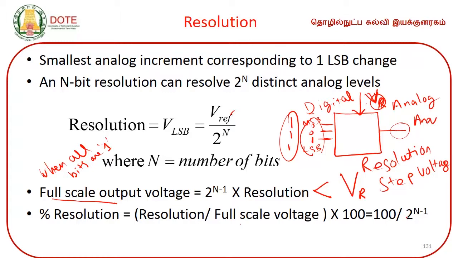How does it come? Resolution equals V reference by 2 to the power n, as we saw here. Full scale voltage is nothing but 2 to the power n minus 1 into resolution.